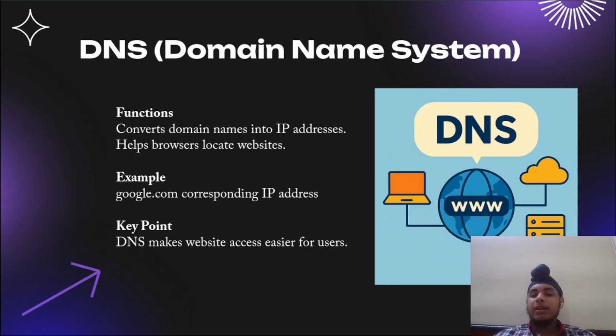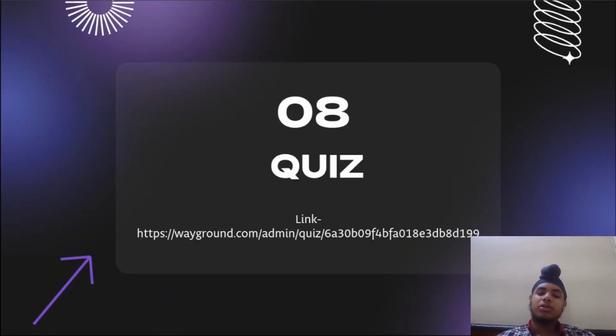Finally, we have completed all the concepts, and now let's move on to a quiz. I have given the link on the screen and in the description also. You can see how much you have learned with the help of 15 questions in the quiz.